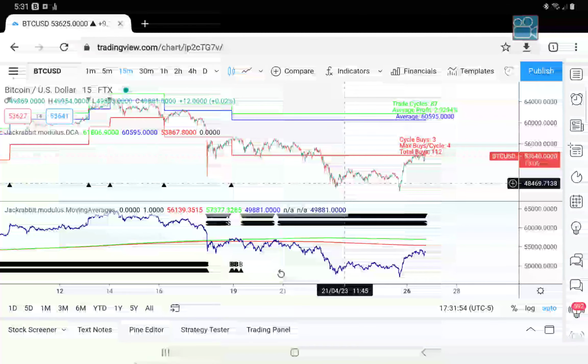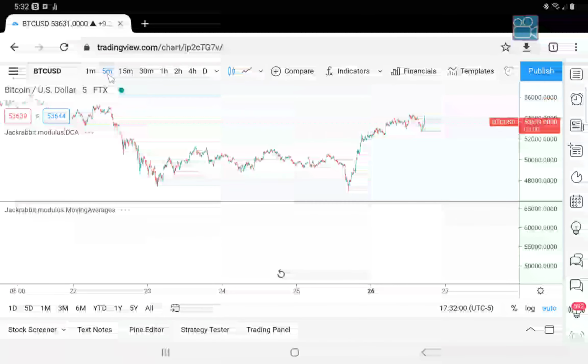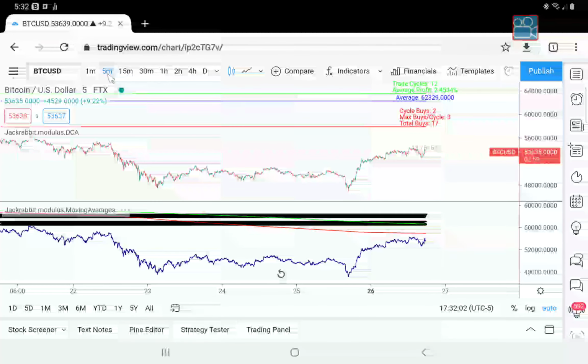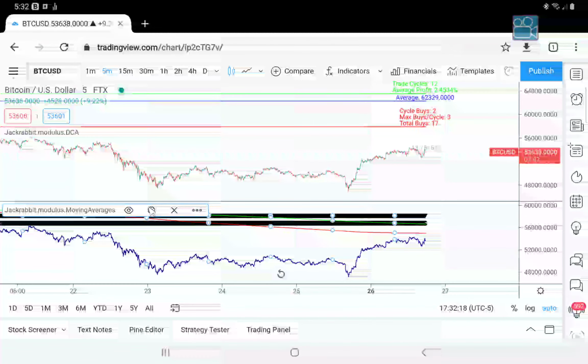And we haven't even really tuned this completely. Let's go down to the 5 minute. And as you can see, again, very muted and moderate, and yet it still does a very nice number of trades. But now let's finish tuning this.